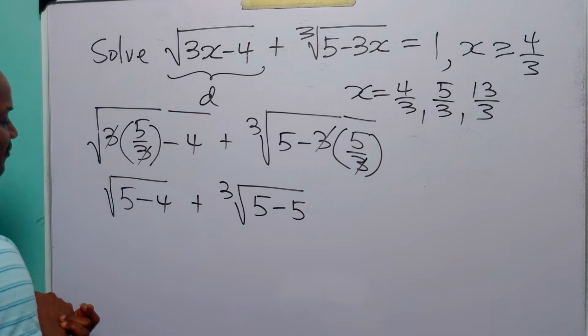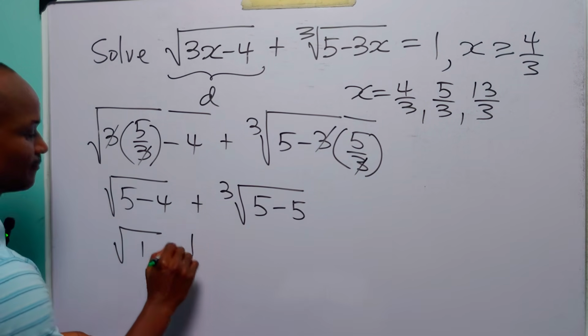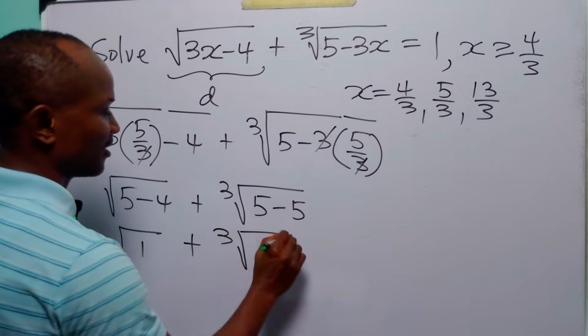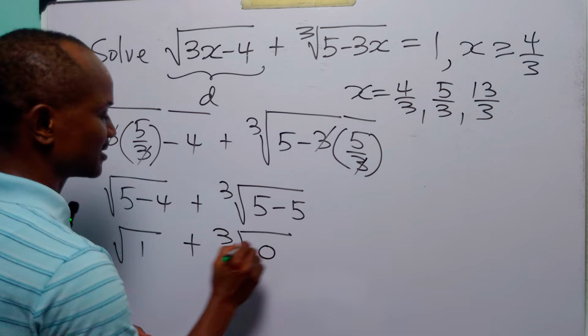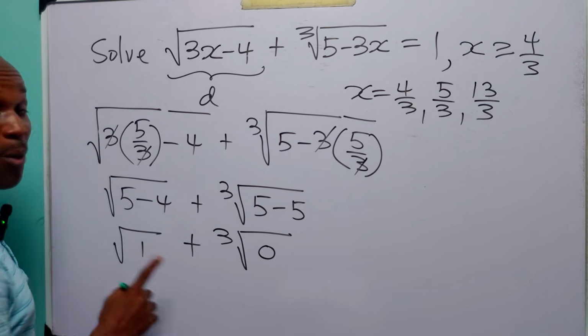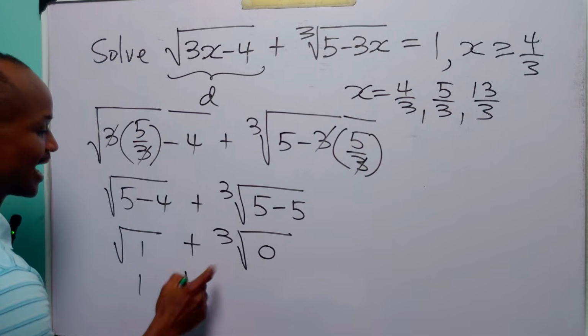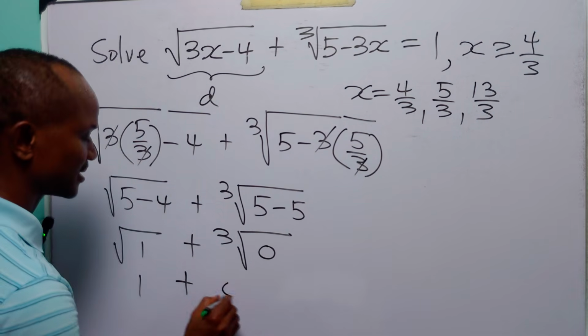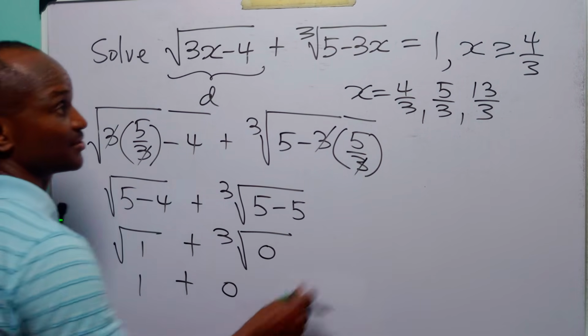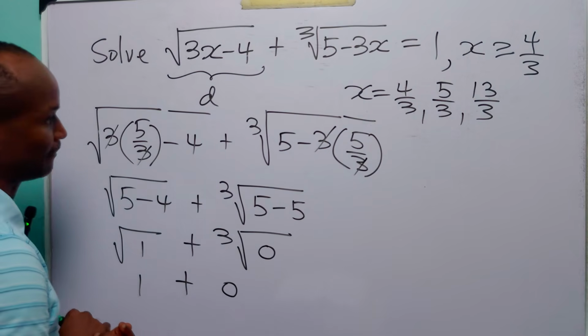Now, 5 minus 4 is 1. 5 minus 5 is 0. The square root of 1 is 1. And the cube root of 0 is 0. 1 plus 0 is equal to 1.